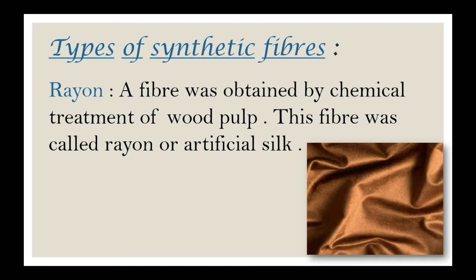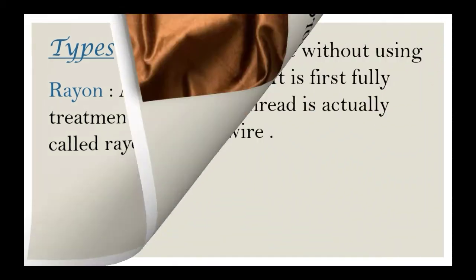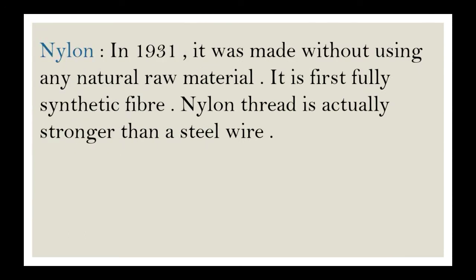Towards the end of the 19th century, scientists were successful in obtaining a fiber having properties similar to that of silk. So this also resembles silk. Next, nylon. In 1931, it was made without using any natural raw material. It is the first fully synthetic fiber.